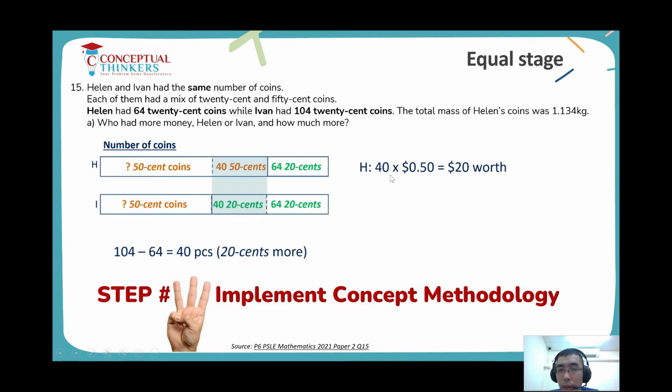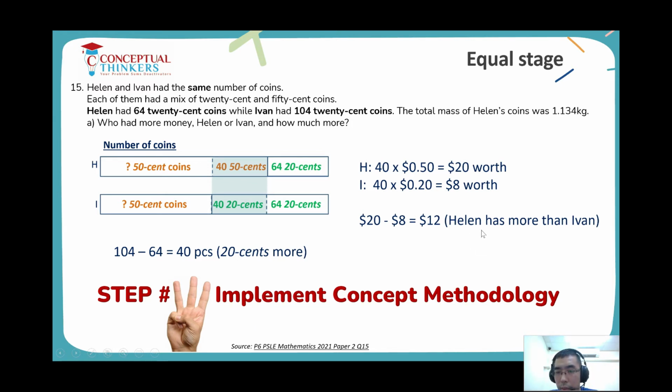For Helen, 40 50-cent coins worth $20. And for Ivan, 40 20-cent coins worth $8. By taking $20 minus away $8, Helen will have more than Ivan by $12. So the answer for this question will be Helen, and she had $12 more.